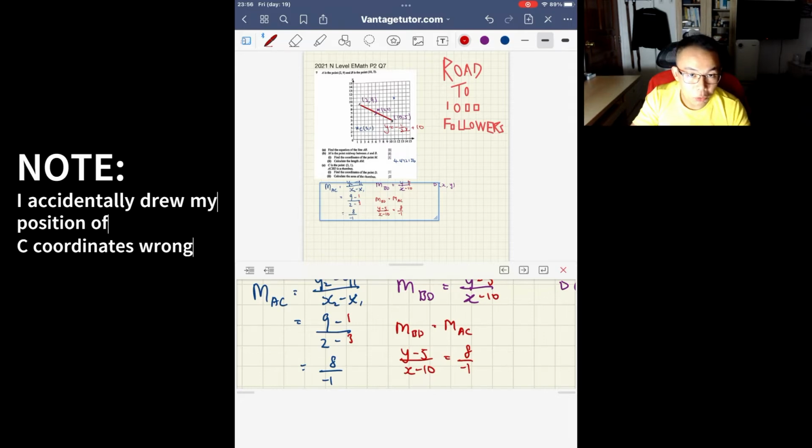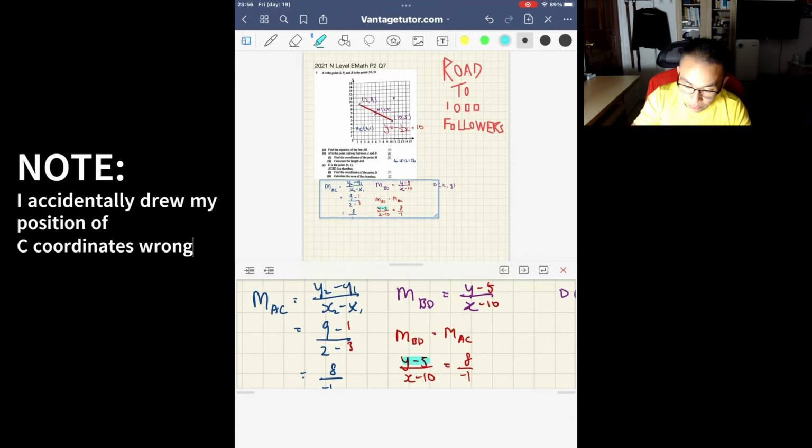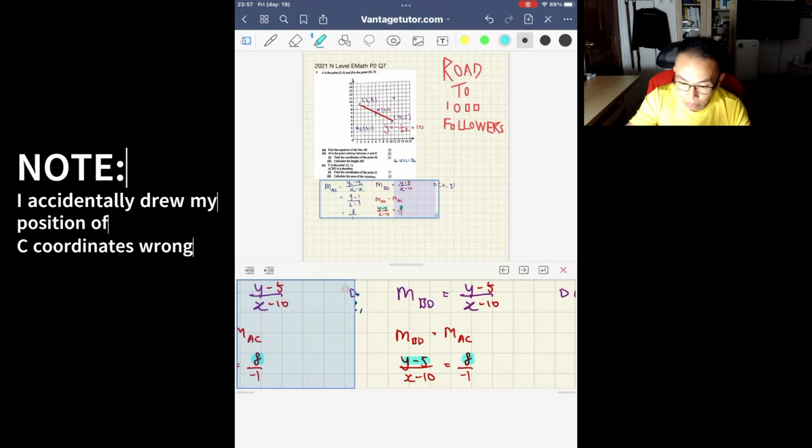No, this is not about cross multiplying. What I'm trying to say is the difference between the y coordinates in your BD should be equal to the difference between the y coordinates in your line AC, which is 8. So I'm just going to equate numerator to numerator, denominator to denominator.